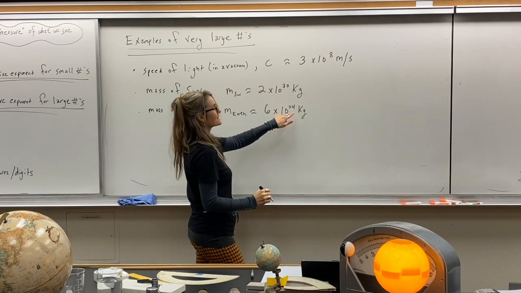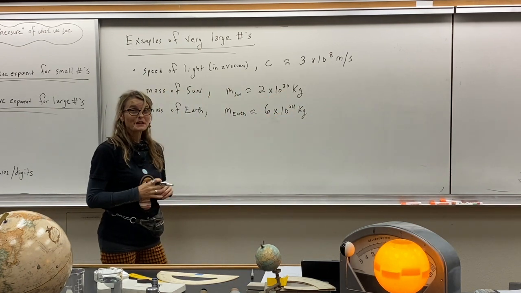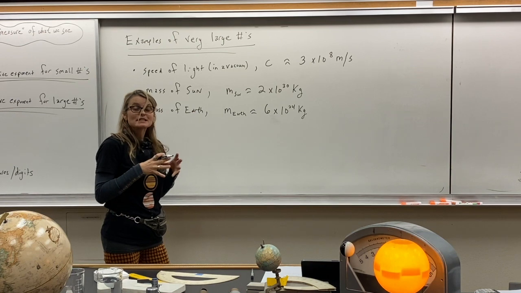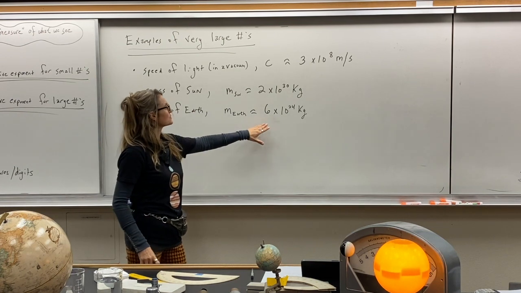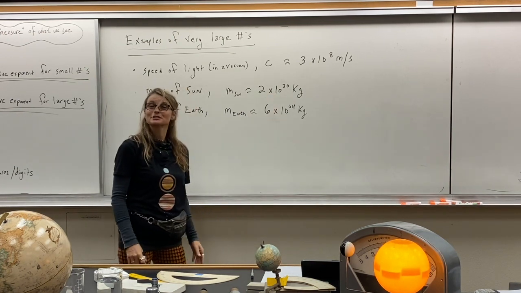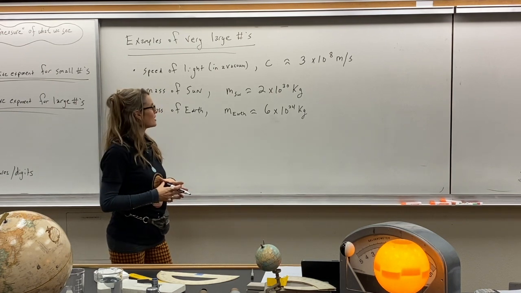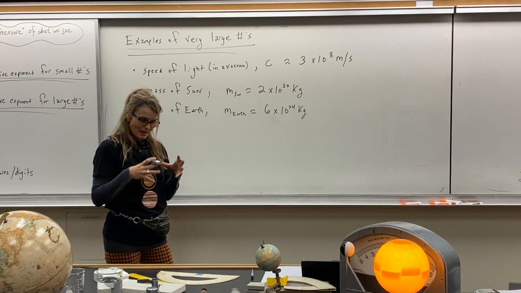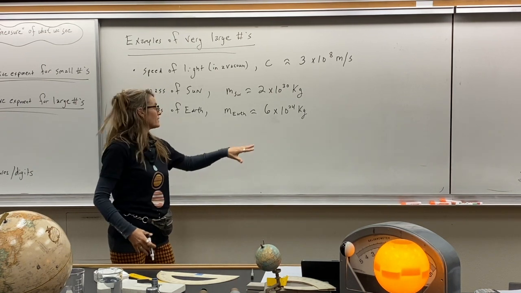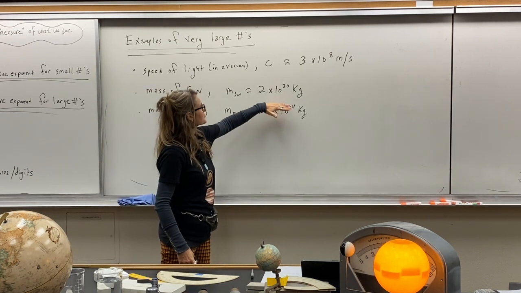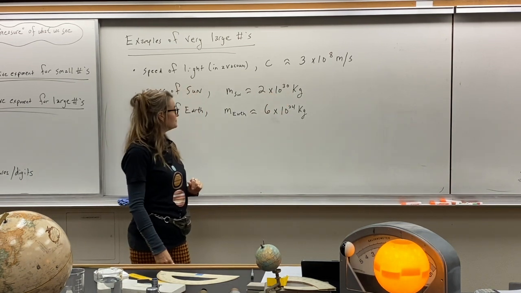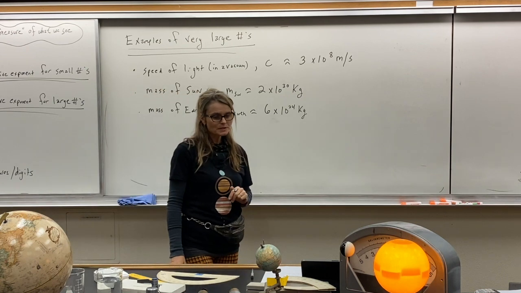So 6 places different. You could fit a lot more Earths into the sun. If you take the mass of the Earth and multiply it by a factor, you'll get the mass of the sun. So those are some big numbers.